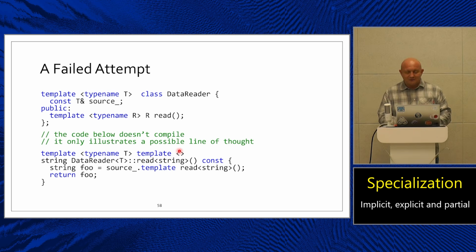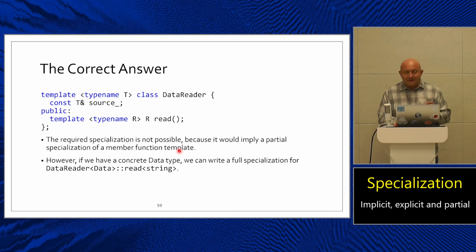Okay, here it is. The correct answer is that this required specialization is not possible at all. What we are attempting here would be a partial specialization, and partial specialization for function templates, including member function templates, is simply not allowed. However, there is a way.